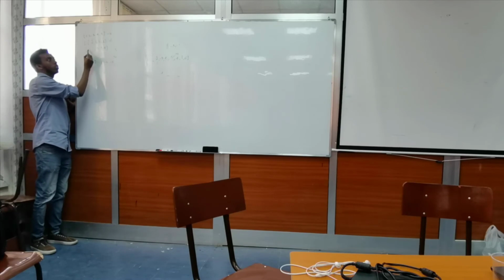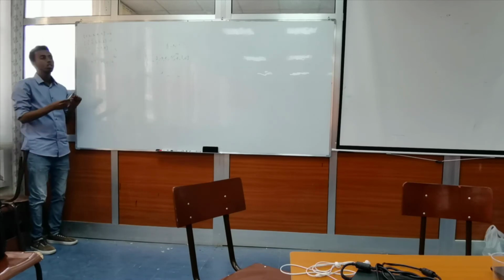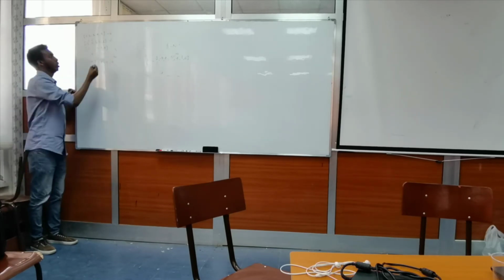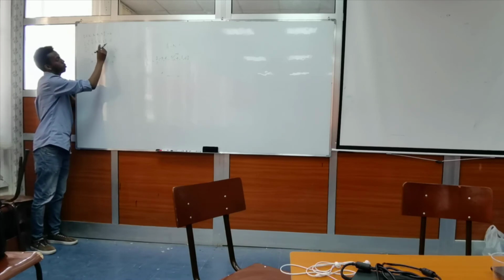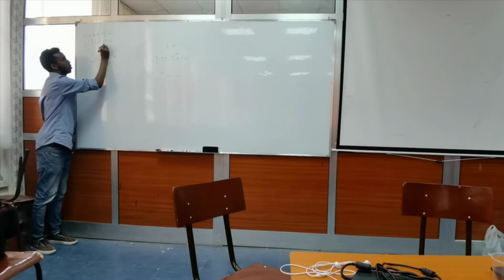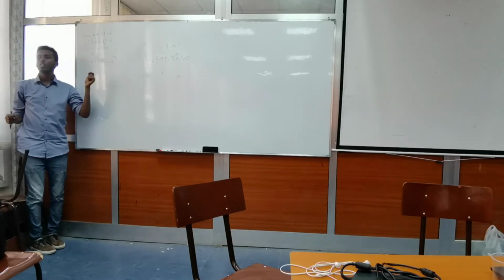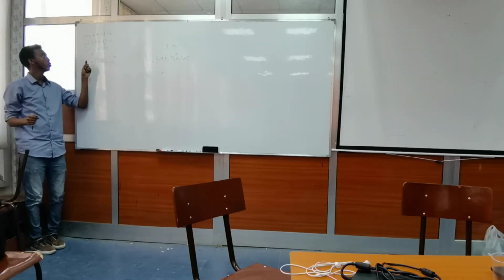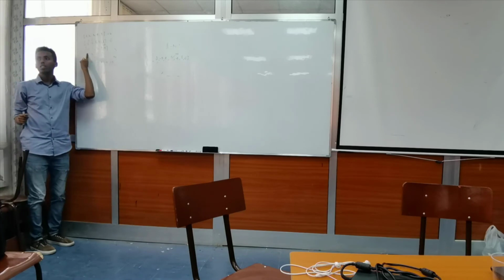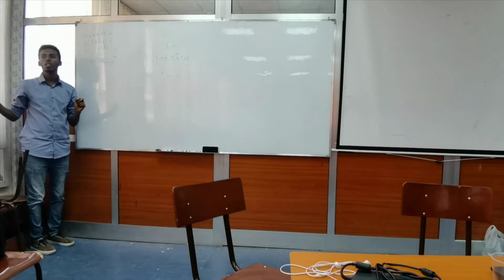For example, 6, 1, so 1 is found. So I can change any negative to 1. So 5, 9, -4, and I can change this -4 to 1. So I am sure that all numbers here are positive, right?